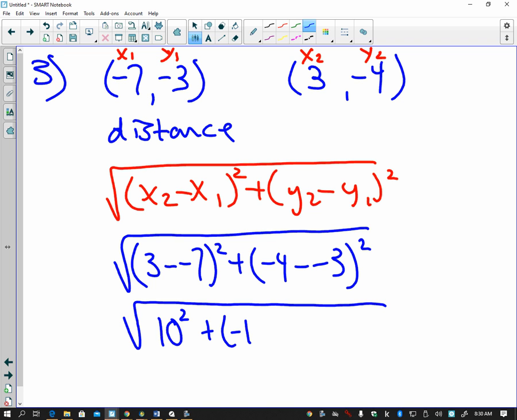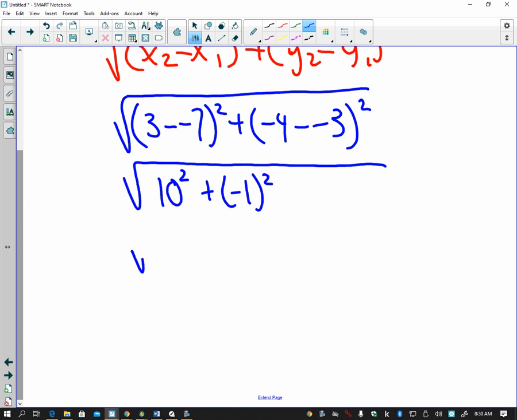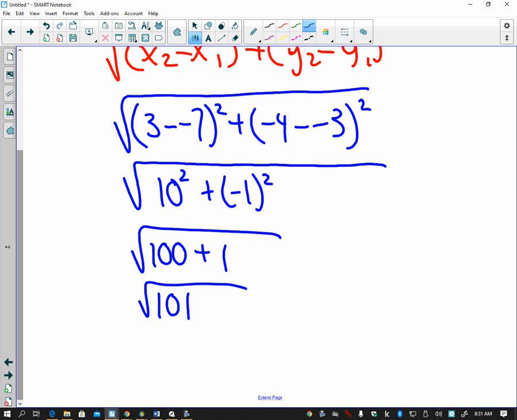Okay, -1 squared. Okay. What is 10 squared? 100. What is -1 squared? 1. Okay, so 100 plus 1, I get a square root of 101.